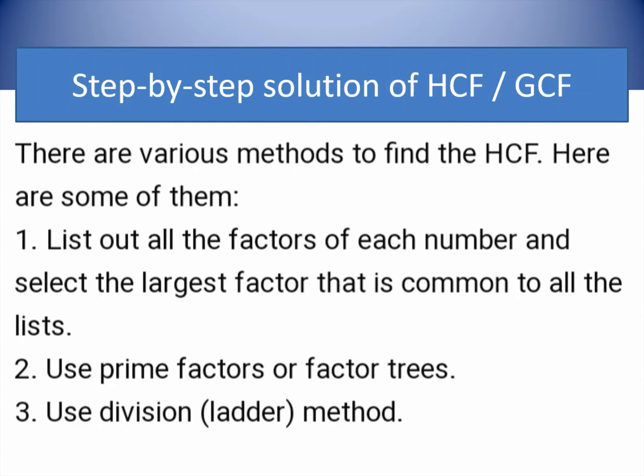We started with the factors of each number. We listed that in the previous slide. And select the largest factor that is common to all the lists. In the next slide we have done the list of the largest factor.